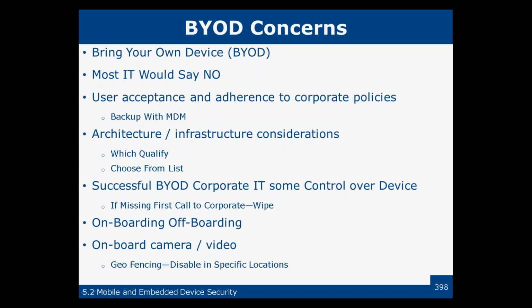So we have to have acceptable use policies, those sorts of things. Onboarding and offboarding means bringing them into the system and letting them out of the system. Onboard camera and video, again, that's one that you're going to have to define what you're really going to allow to happen in these things.